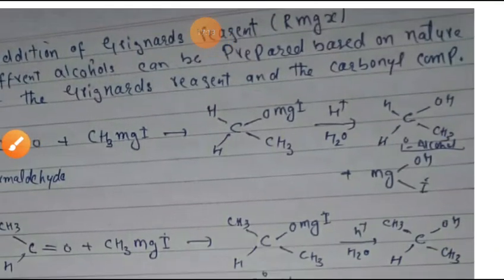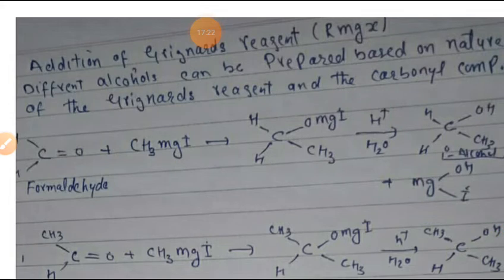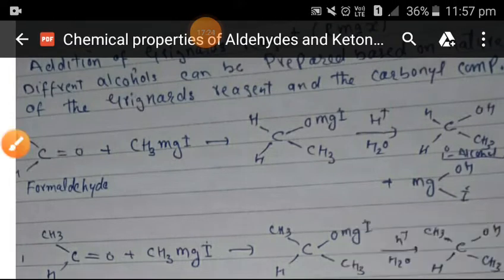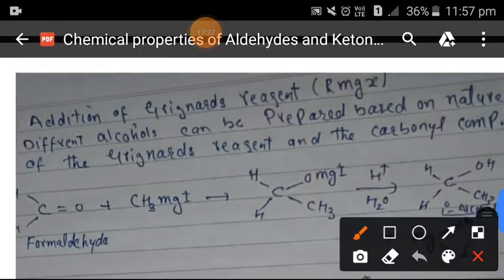So let us take another reaction. This is the addition reaction of Grignard's reagent. Here the addition of RMgX takes place. Different alcohols can be prepared based on the nature of the Grignard's reagent and the carbonyl compound.